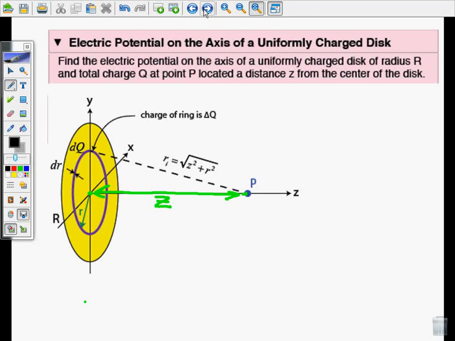So the little piece of voltage due to that little ring is going to be what? K dq all over r sub I.